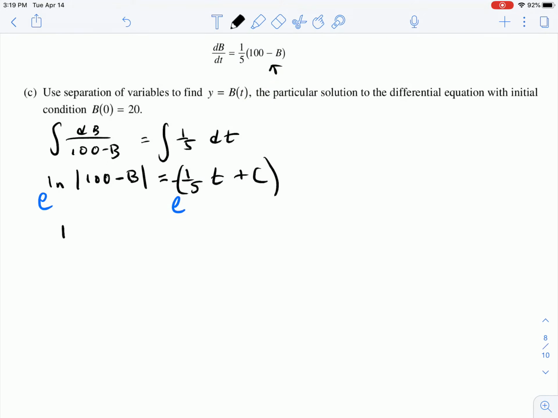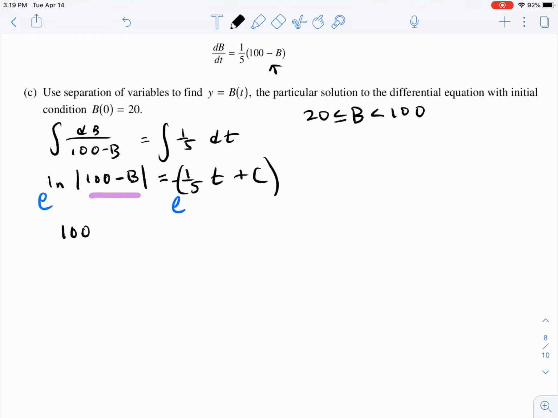And that's going to give me 100. Oh, and I should point something out about this absolute value of our argument here. So if you look here, you'll notice that we have the absolute value of 100 minus B. But because B, as was given in the problem, represents values between 100 and the lowest it got to, which was 20, we can just work with 100 minus B. We don't have to worry about the absolute value, right?